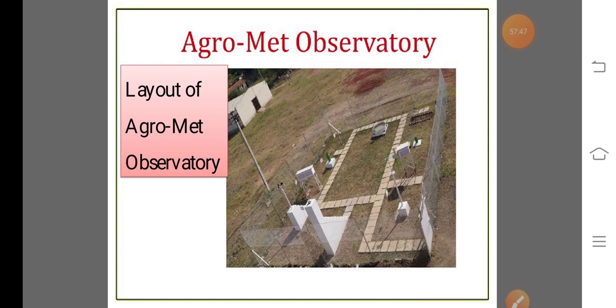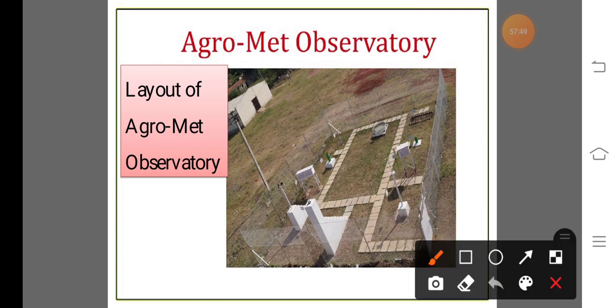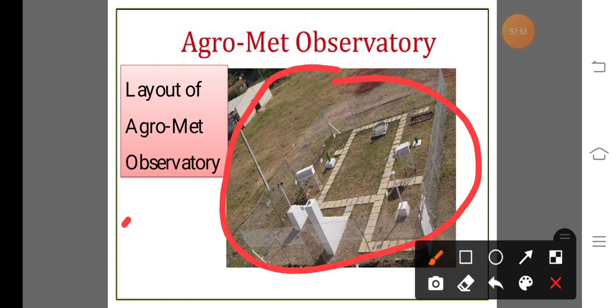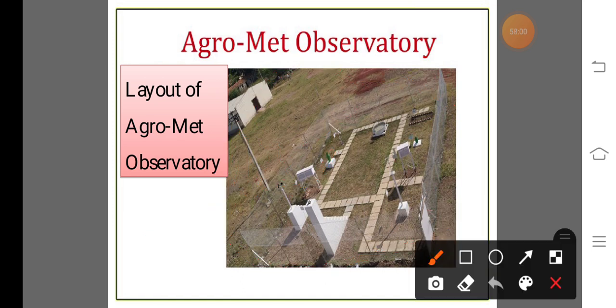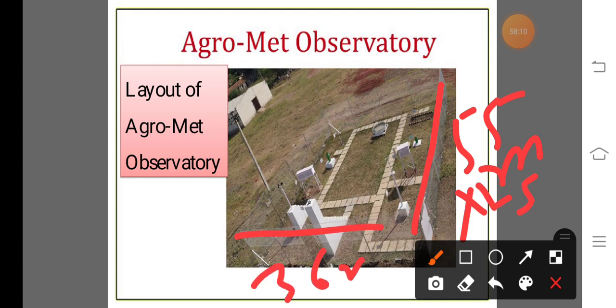So first point, the location of this agromet observatory should be the center of the farm, and the size of agromet observatory is 15-meter long north to south and 36-meter width from east to west.